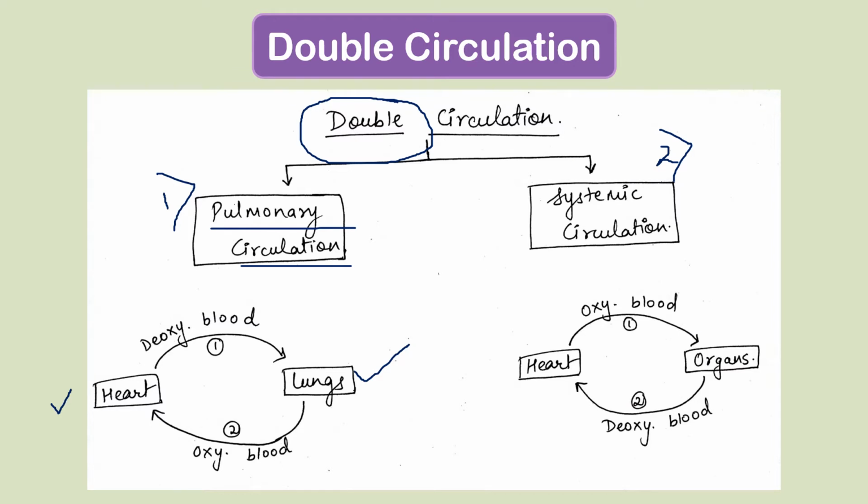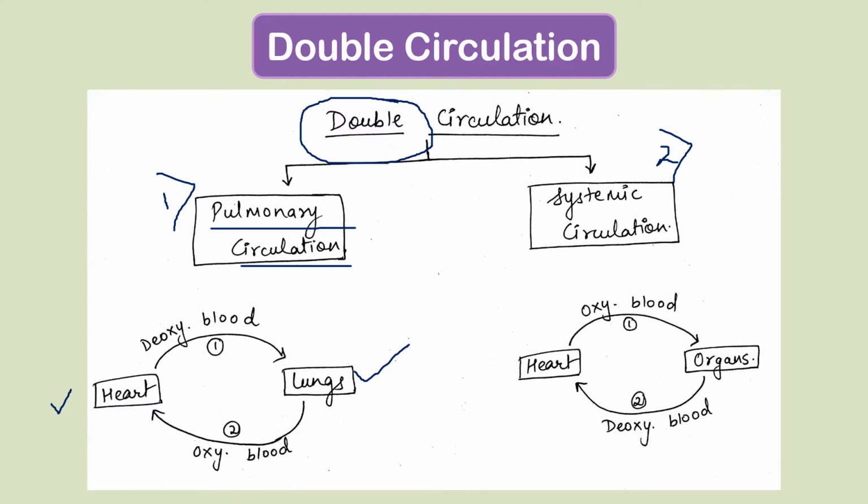The heart is going to pump the deoxygenated blood to the lungs, and in the lungs we have the alveoli, which are actually the sites for gaseous exchange, and therefore these alveoli will make sure that the deoxygenated blood gets converted into oxygenated blood. This oxygenated blood is then transported to the heart.